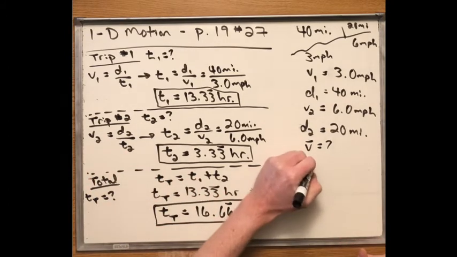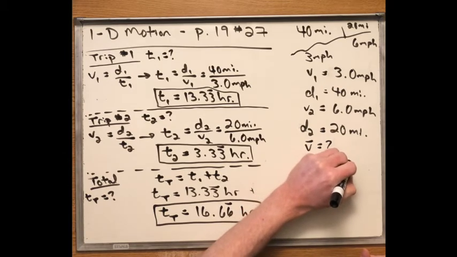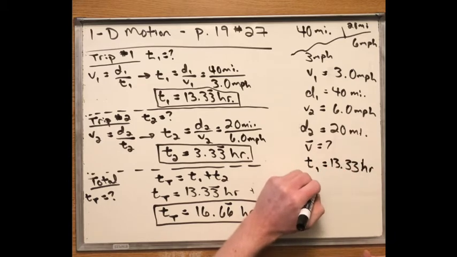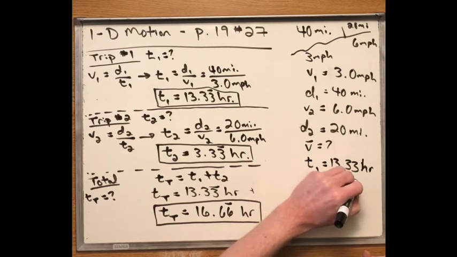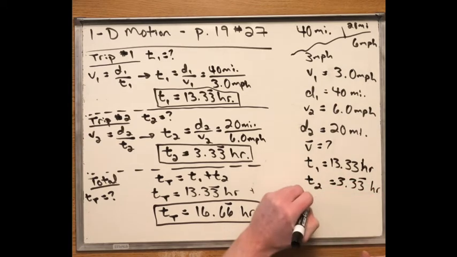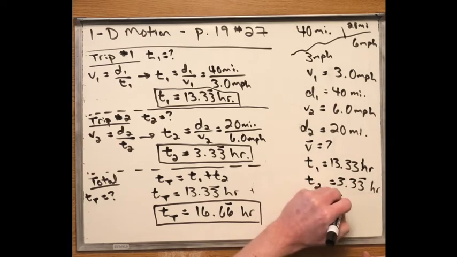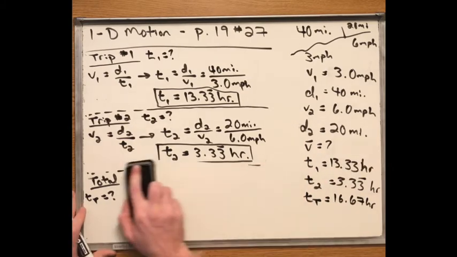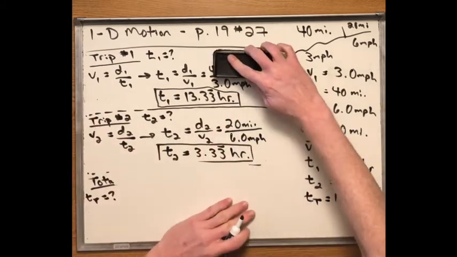So T1 is 13 1/3 hours. T2 is 3 1/3 hours. And the total time is 16 2/3 hours. All right. We're almost there.